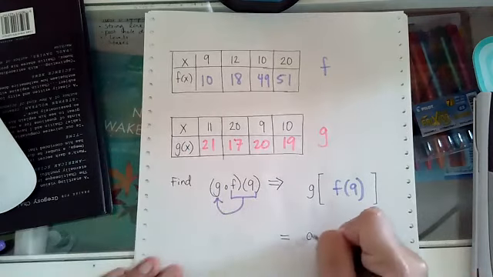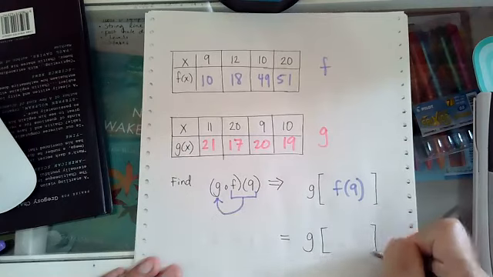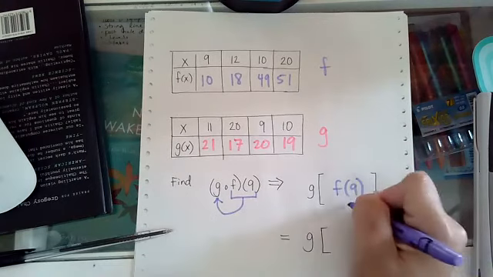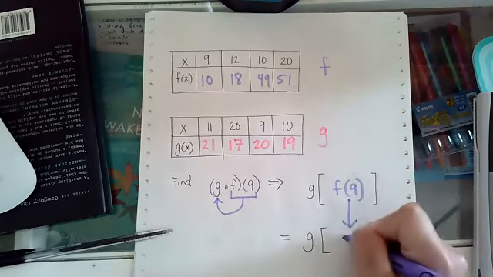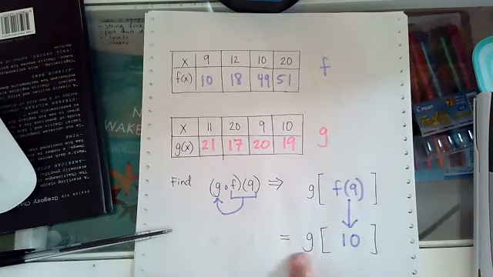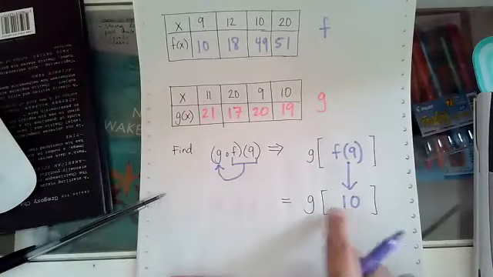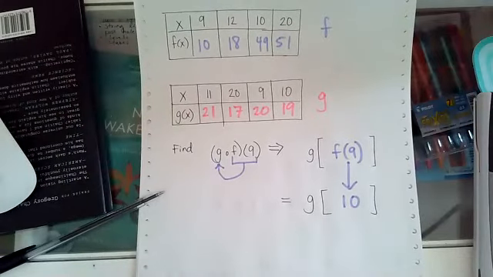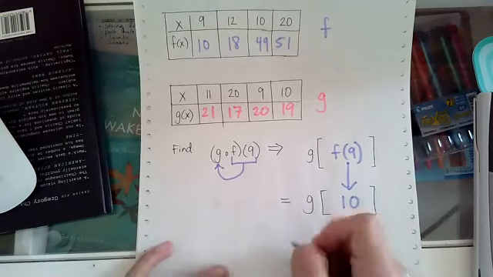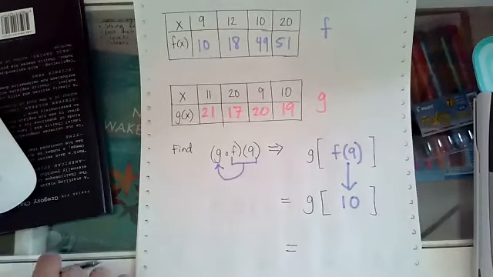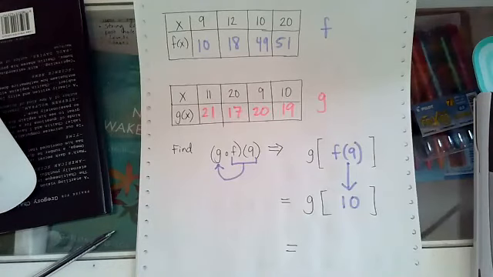So that means that I'm looking really at g, and I know that this outputs to 10. So now all I'm really looking for is g evaluated at 10. So now what is the output when I use 10 as the input for the function g? 19.